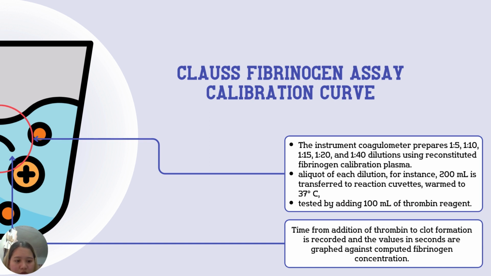An aliquot of each dilution, for instance 200 microliters, is transferred to reaction cuvettes, warmed to 37 degrees Celsius, and tested by adding 100 microliters of thrombin reagent. Time from addition of thrombin to clot formation is recorded, and the values in seconds are graphed against computed fibrinogen concentration.